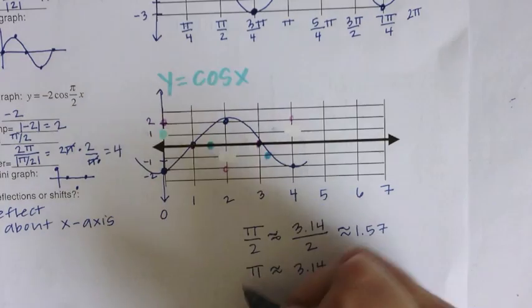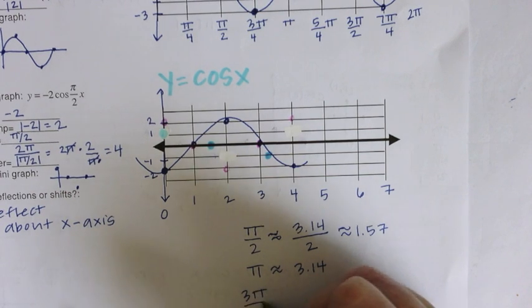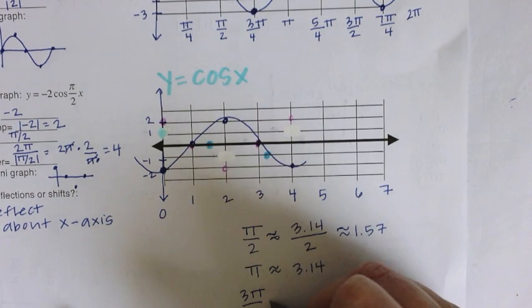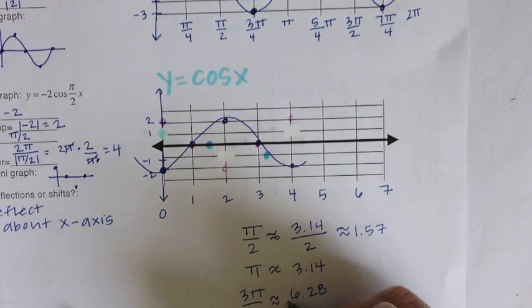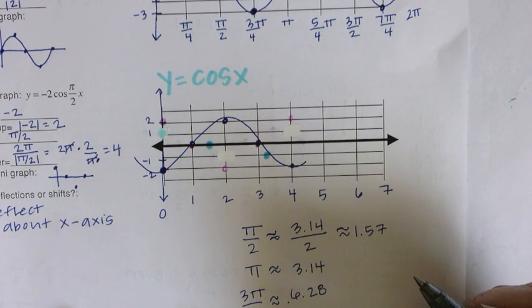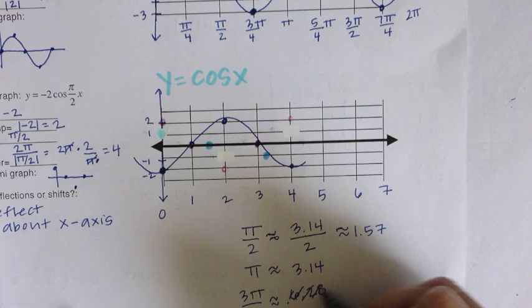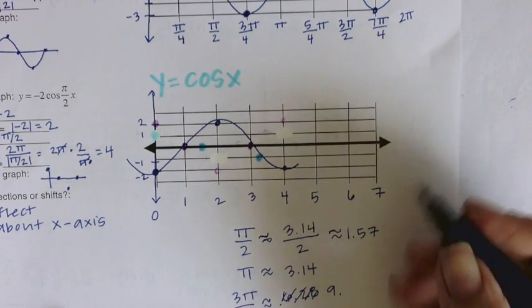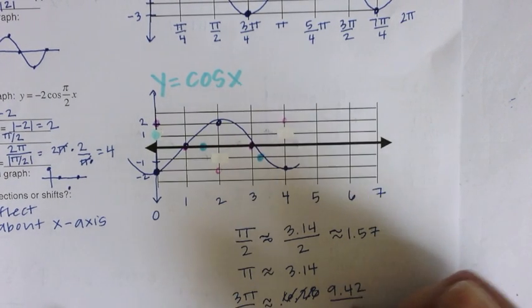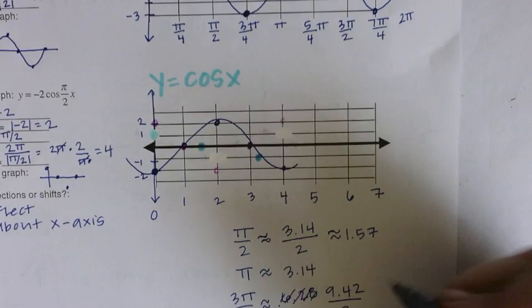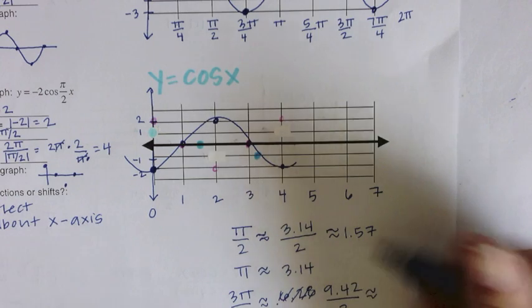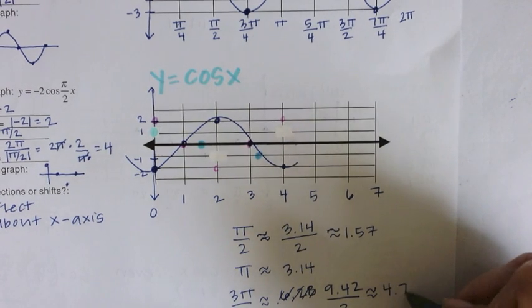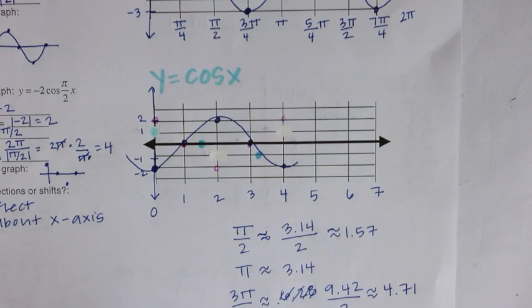And then 3 pi over 2, which would be what? 6.28. If you double that, oh, I've got to triple it. It's not right. 9.42 divided by 2, which would approximately be 4.71. I don't have my calculator here, but we'll make do.